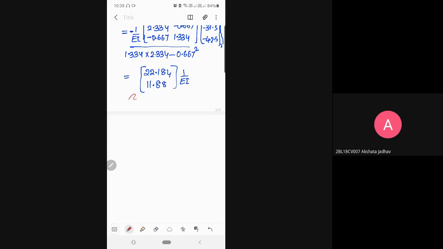So that means, what are these two values? These two values are delta 1, delta 2. What is delta 1? Displacement at 1. Delta 2 is displacement at 2. What is that delta 1? It's theta A. Delta 2 is theta B. So take this EI to this side.